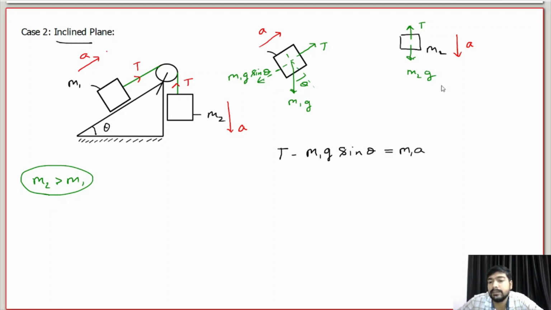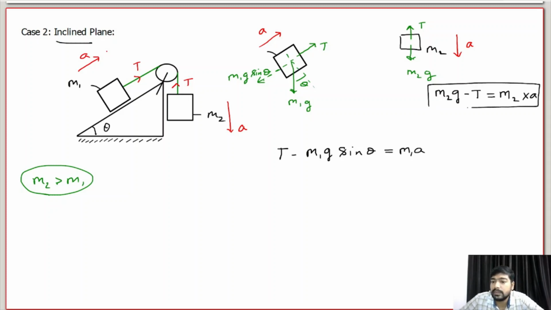Equation for this in the direction of motion, I will take m2g positive because the motion is happening in that direction, and minus T because it is opposing, equals mass m2 into that acceleration.